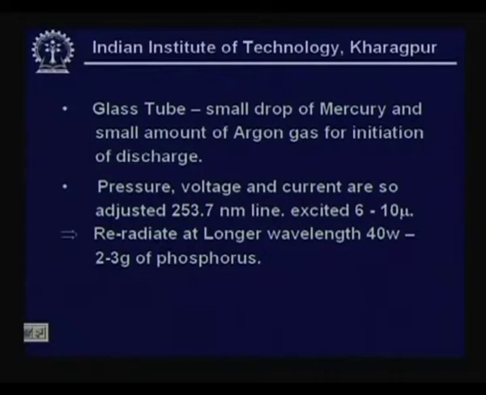Now, the whole process is such that we control the pressure, voltage and current, so that we have the 253.7 nanometer line, okay, and then radiate at longer wavelength. A typical 40 watt fluorescent lamp will use about 2 to 3 grams of phosphors. We will see what these phosphors are.